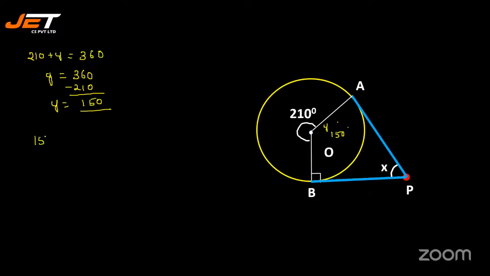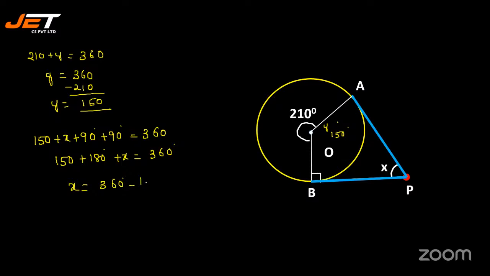How do you find out the value of x? 150 plus x plus 90 plus 90 is equal to 360. So 150 plus 180 plus x is equal to 360. So x value would be 360 minus 180 minus 150. So x is equal to 360 minus 330, which implies x is equal to 30.